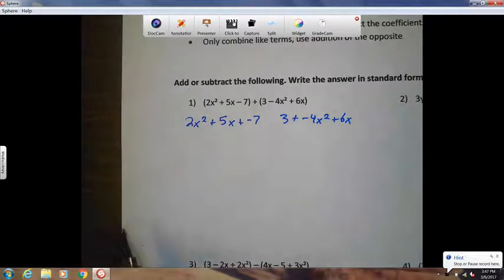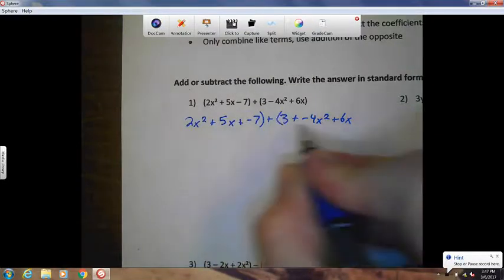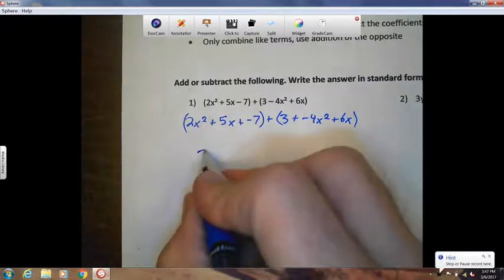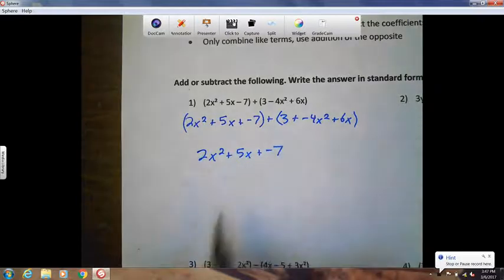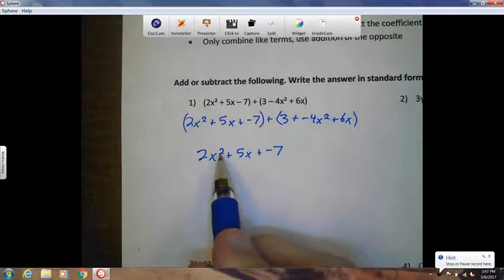Now what I'm going to do is line up my like terms. So 2x squared plus 5x plus negative 7. This is standard form. The highest exponent goes first.